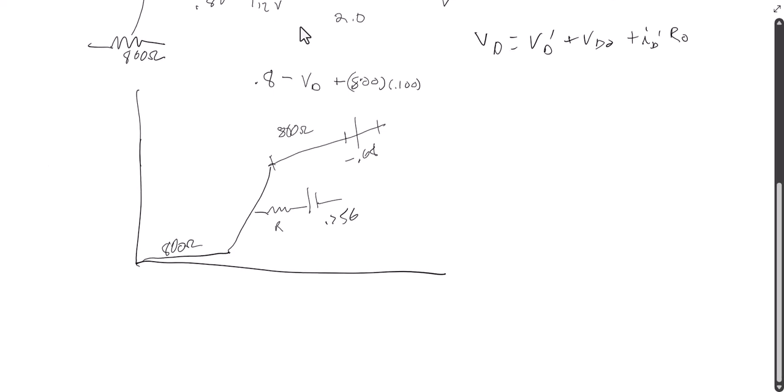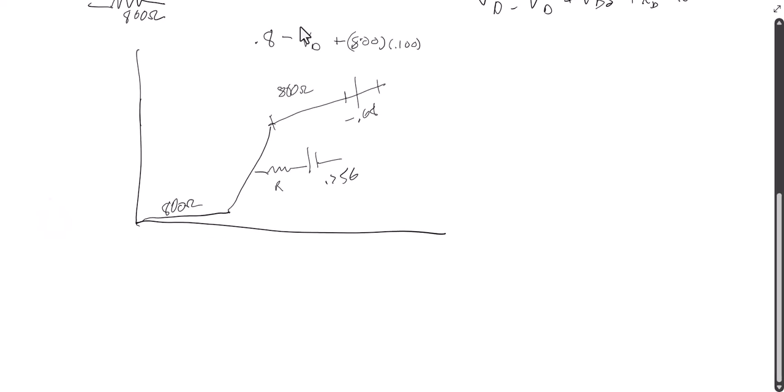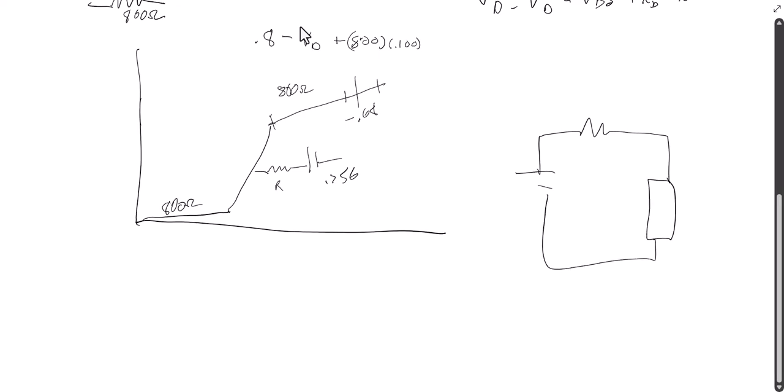Then it says use these equivalent circuits to find V for the circuits shown in these. So we have our mystery device right here. We have 3 kiloohms and 15 volts, and you figure out by trial and error under which segment of the graph it's operating. I'll show you, hold on.